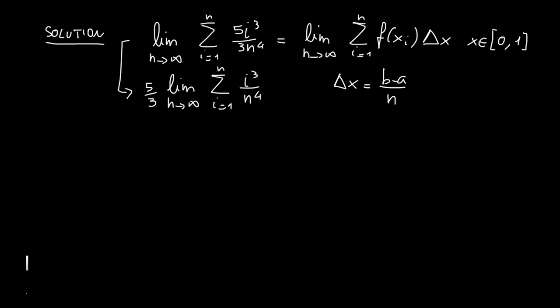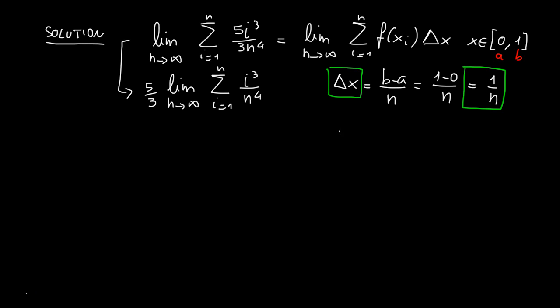So that means that a is 0 and b is 1. So with that in mind, delta x is going to be 1 minus 0 over n, or simply 1 over n. So let's highlight this factor here because it's going to be useful later. So delta x is 1 over n in our specific example.